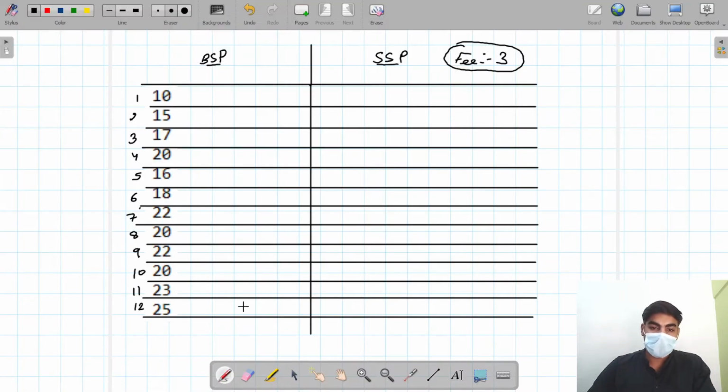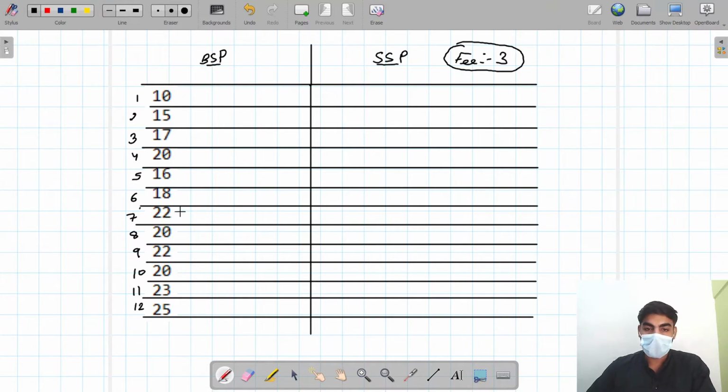So here you can see I take the prices per day: first day 10, then second day, third day, fourth day, according to these. And here you can see the buying state profit, selling state profit, and the fee which we have to pay after completing one transaction. So what is the buying state profit and what is the selling state profit?